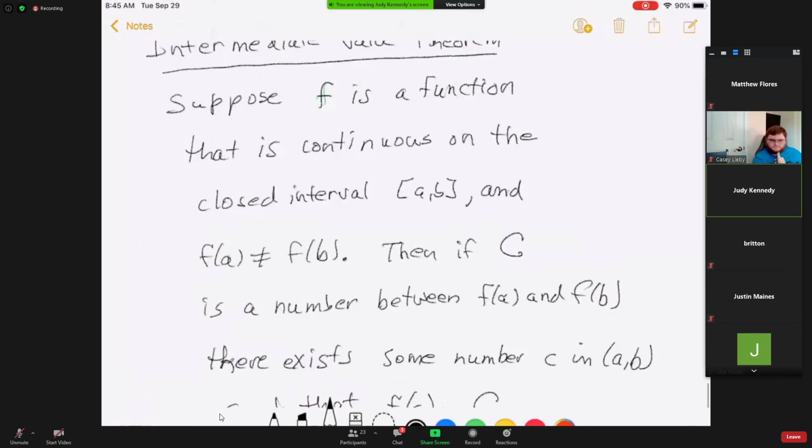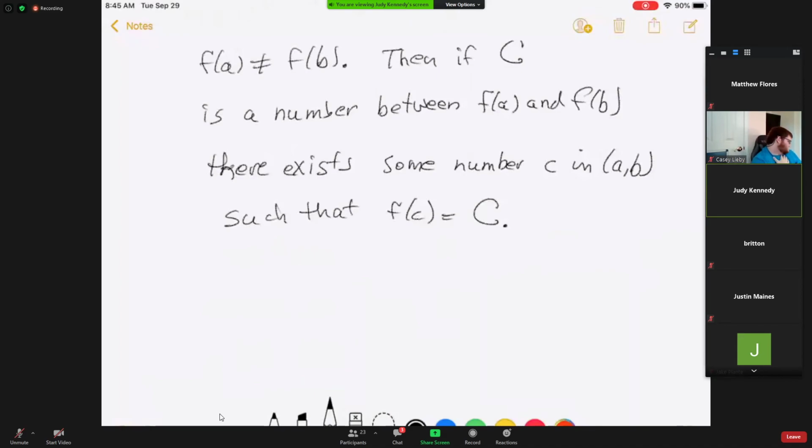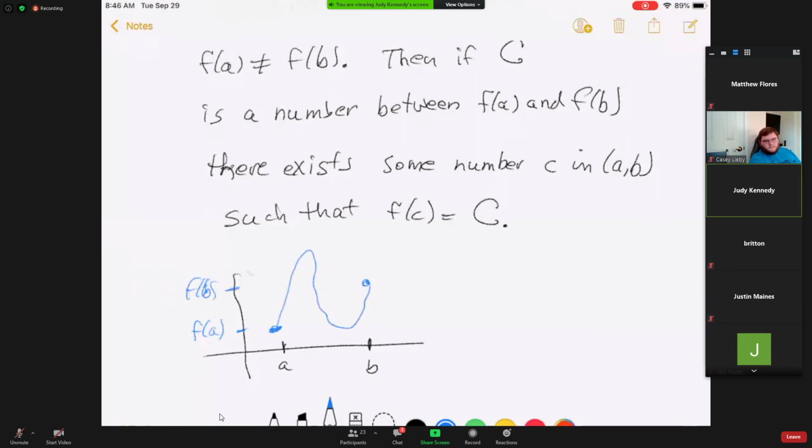Okay, so what is that saying? Let me draw a picture. Suppose this is my interval AB. And that's f of A and that's f of B. Well, I don't really know what the function does in between A and B. It could go up and come down and whatever, look like that.